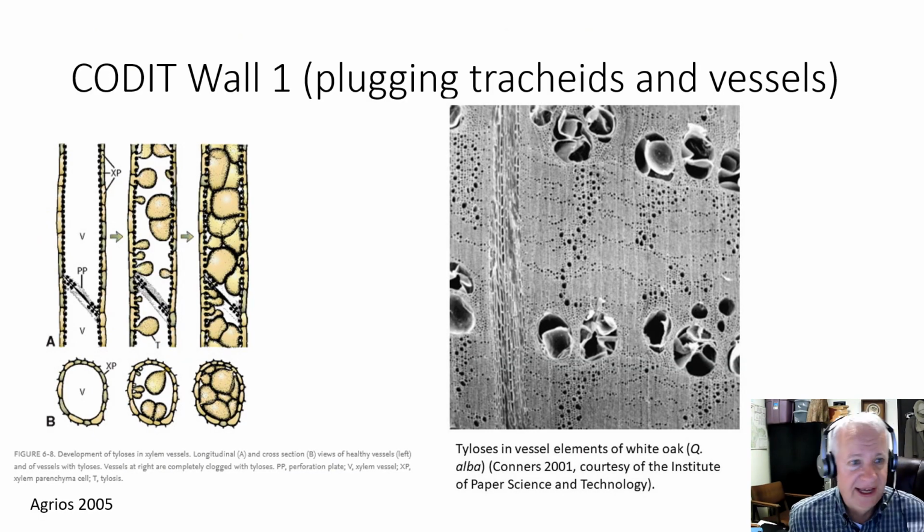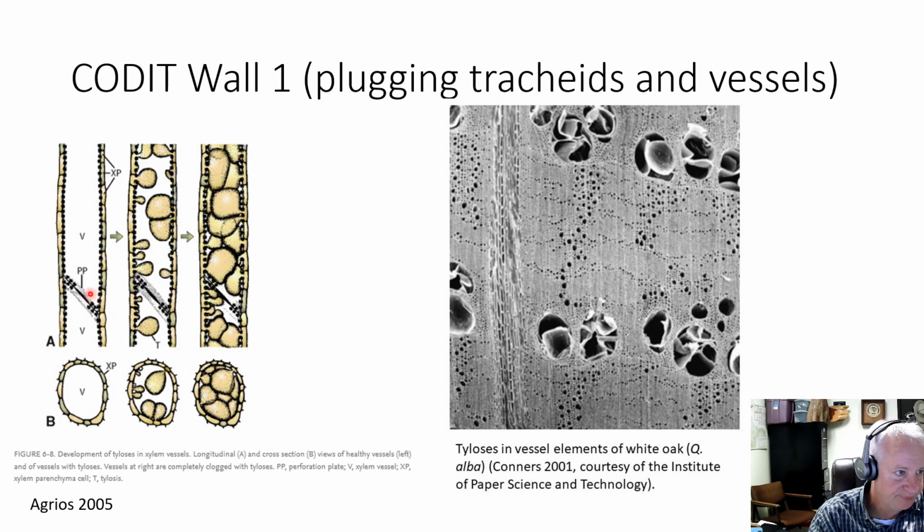One way that those vertical elements become plugged is by the formation of tyloses in angiosperm vessels. So these are examples of the formation of tyloses in angiosperm vessels.